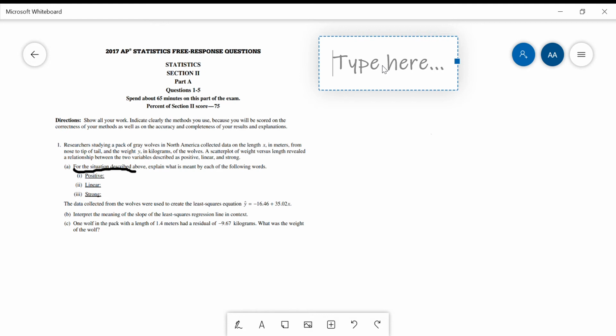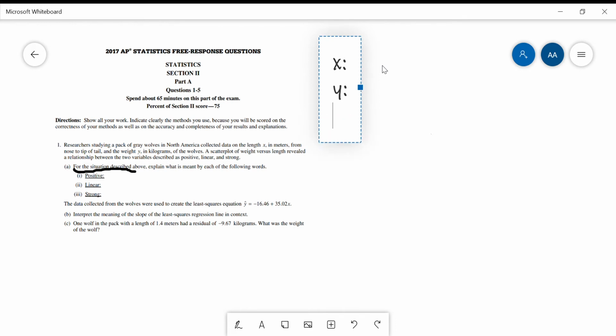So first things first, this is a linear regression problem. So knowing what x and y are is important. Now you might be asking, if I just know that there's x and y, why do I need to know what they are? Well, first of all, context.